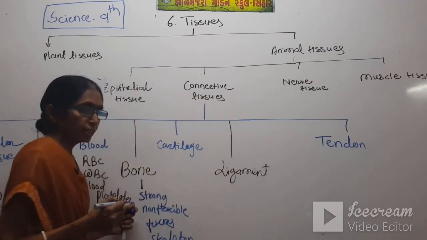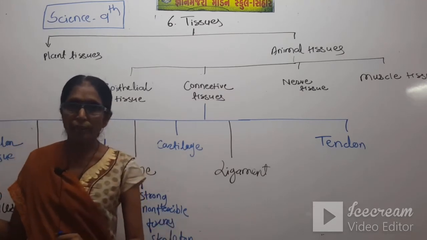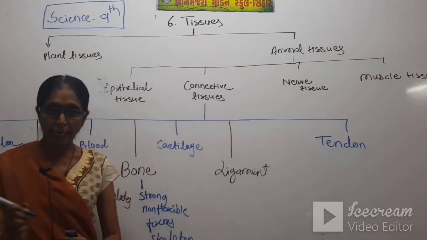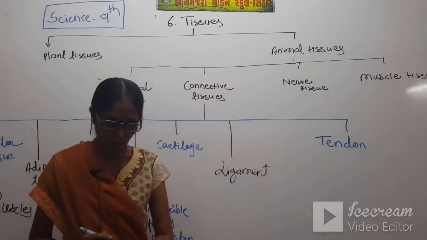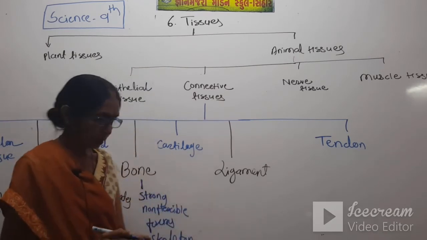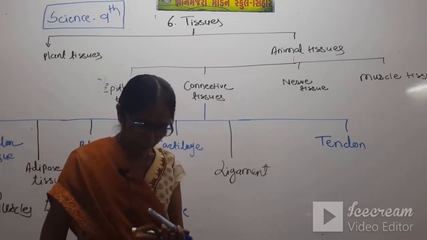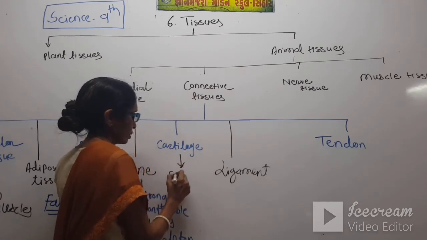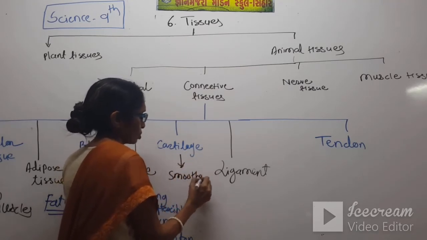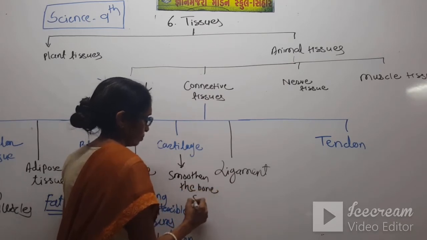Okay, so these are the first four types of connective tissues. Number 1, areolar, then adipose, then blood, and then bone. After that, cartilage. They smoothen the bone surface.